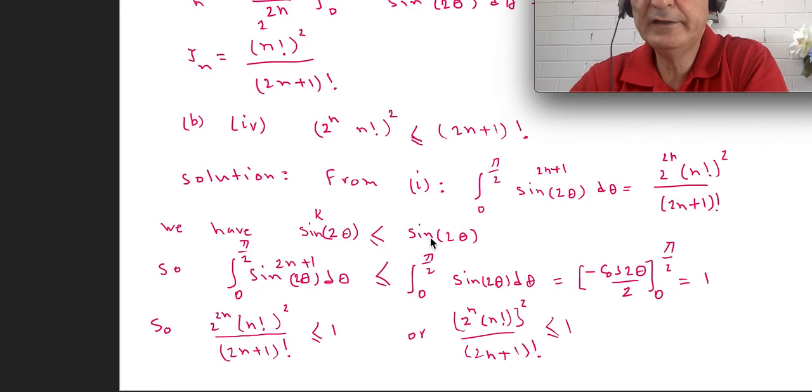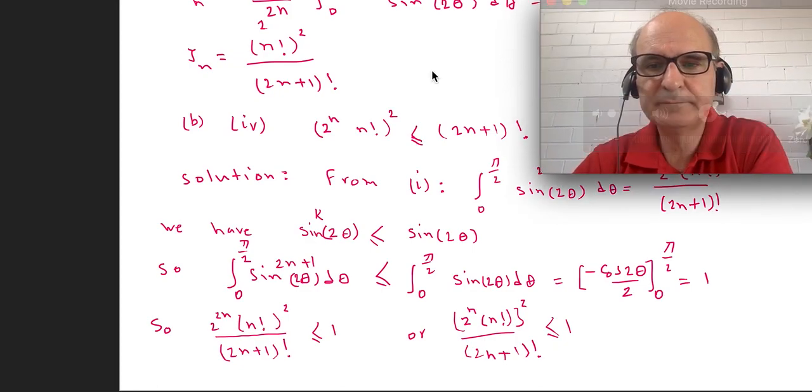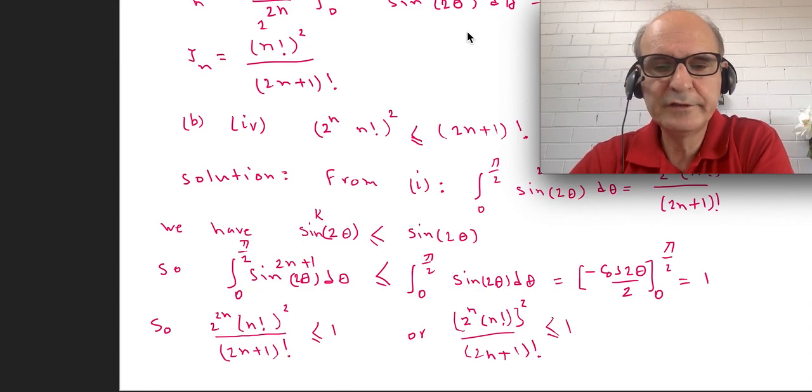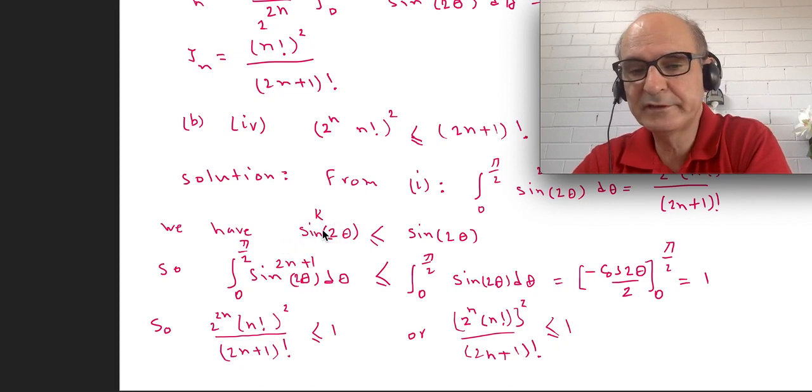We can always say that when you have a sine of an angle, and you take it to a higher power, it becomes less than or equal to what it was, because every time you times sine by itself, it becomes smaller, and the reason for that is sine is between 0 and 1. Every time you times a number by a number between 0 and 1, it becomes less than what it is.